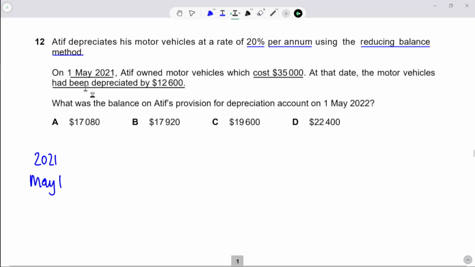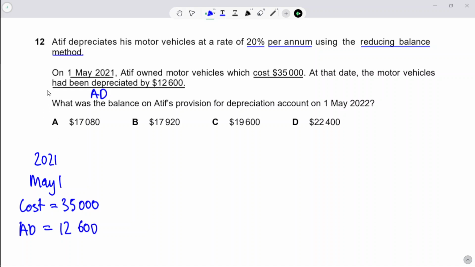So that had been depreciated is actually AD. Okay. So you say the cost equal to 35,000 and the AD will be equal to 12600. Okay.